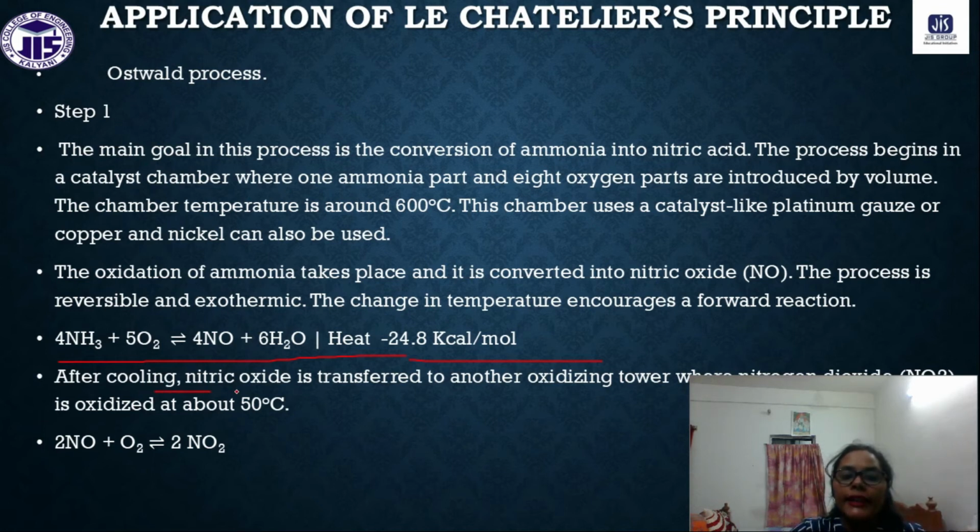After cooling, nitric oxide is transferred to another oxidizing tower and it will form nitrogen dioxide. So in step 1, ammonia first produces the nitric oxide, and then nitric oxide is again oxidized to form the nitrogen dioxide.